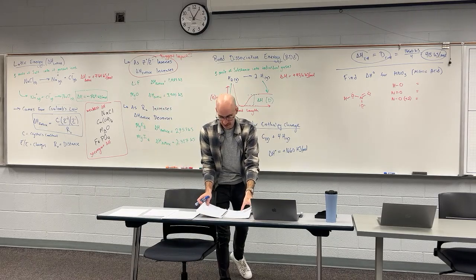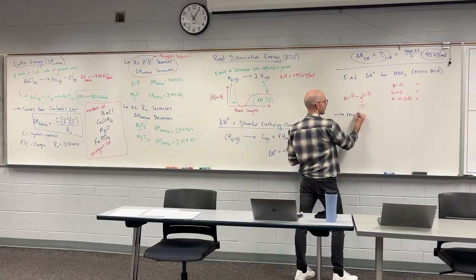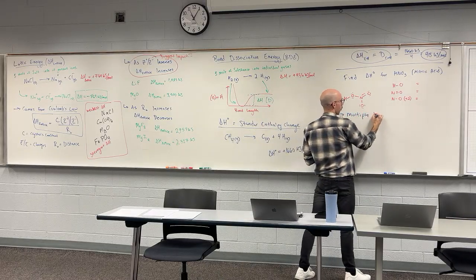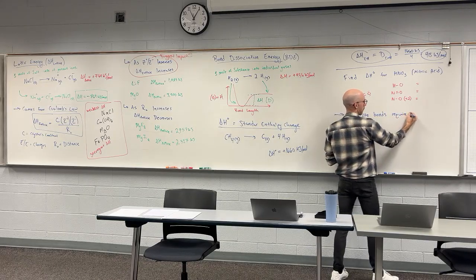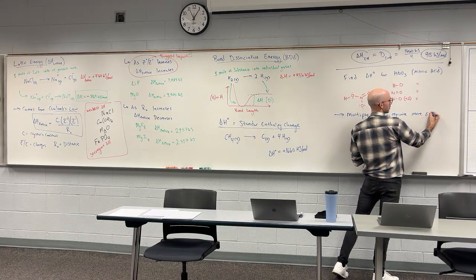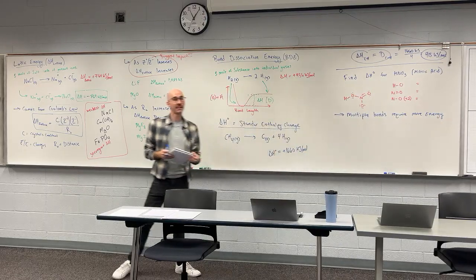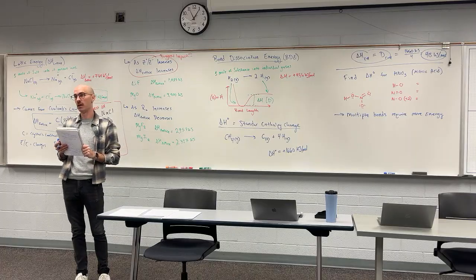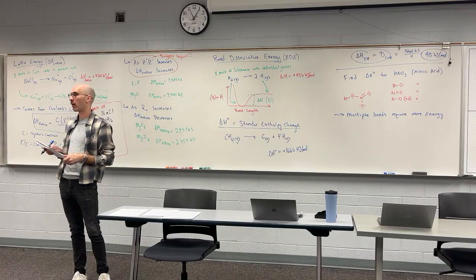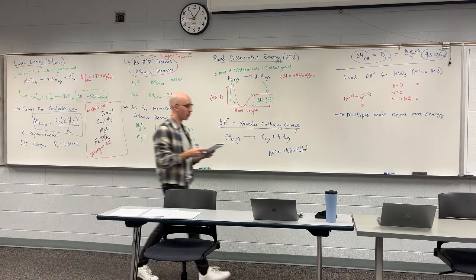There's 2 impacts here that I want you guys to know about, which is multiple bonds require more energy. That means you cannot look at an NO single bond and think that it has the same dissociation energy as an NO double bond or an NO triple bond. Multiple bonds, more energy required.